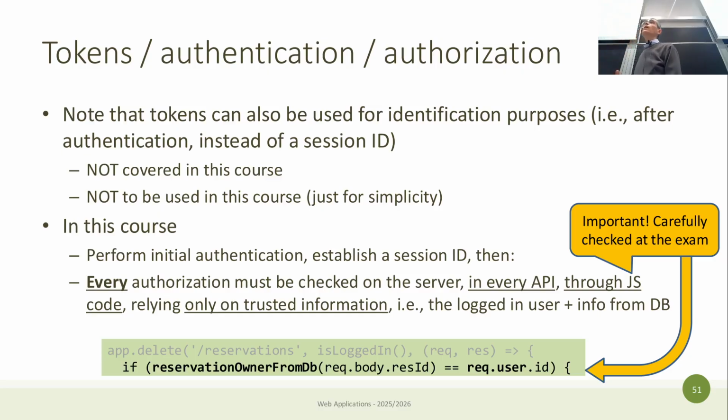If you keep a list like this, there's no difference with the session ID, right? Because you need to keep the list on the server. If you don't keep this list, you cannot log out anybody who has a token that has not expired, okay? And that's a problem with tokens and authentication.